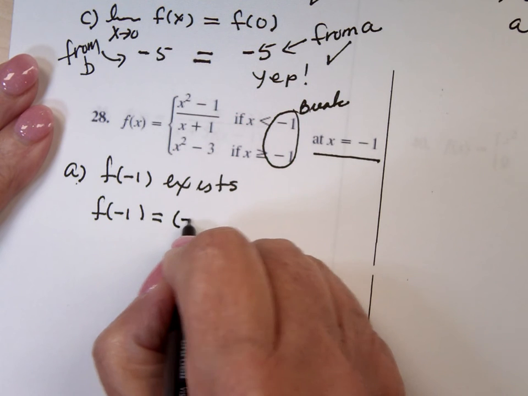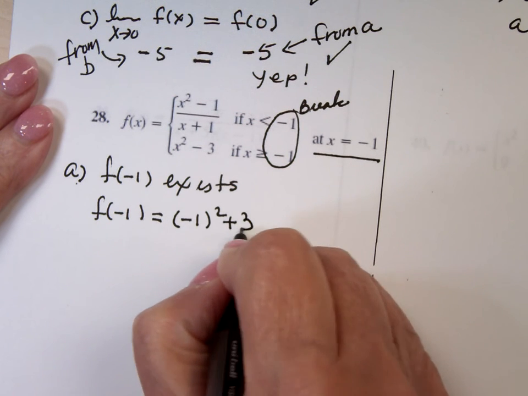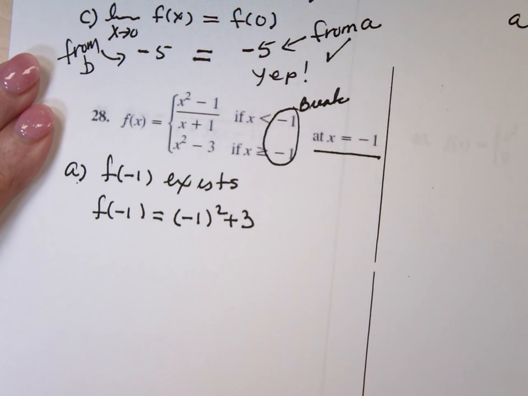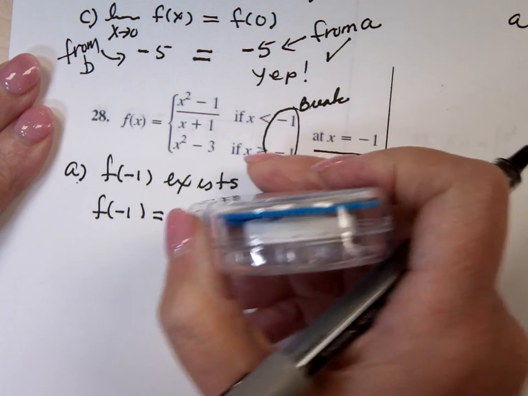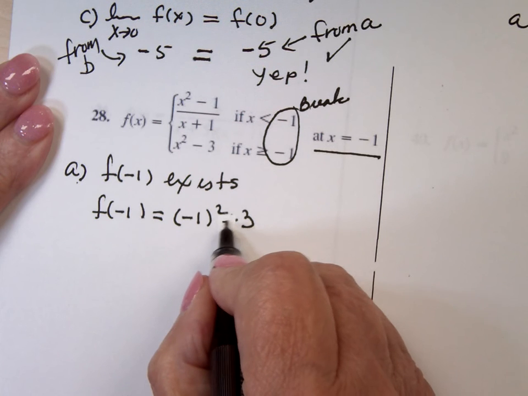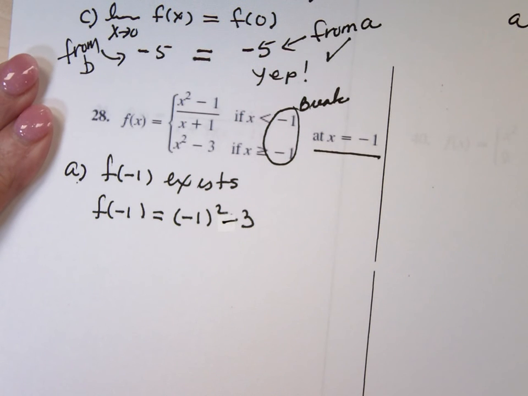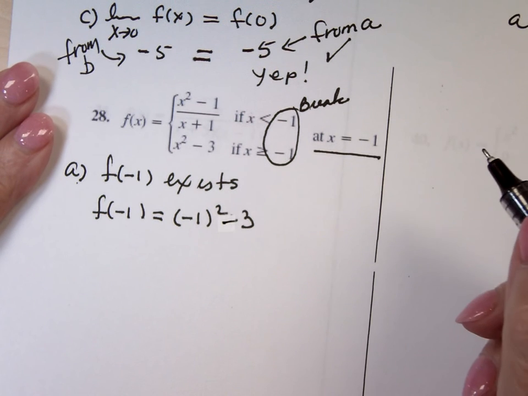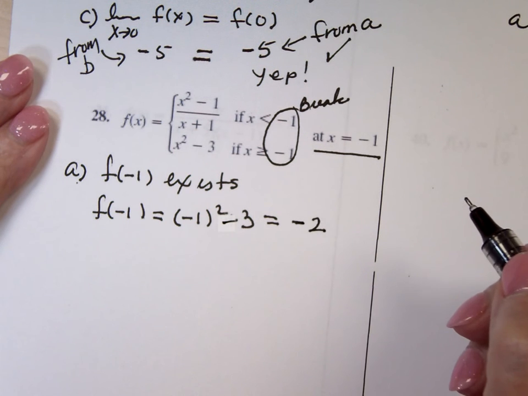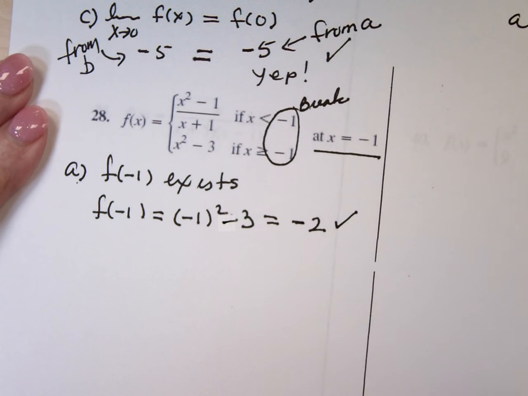So this is going to be -1 squared plus 3. Oops, sorry, thank you very much. White tape. Any problem, since I'm videoing it, goes down as being she did it. Now you can see she didn't. And so this ends up being what? -2? So does it exist? Yes. So that means I need to now move on to the next.